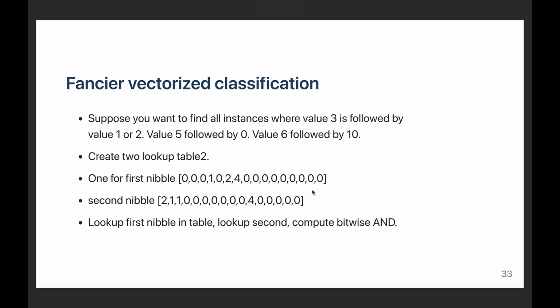Then I repeat again. I do the lookups and bitwise AND, so the logical AND operation. From this result, I can distinguish the 3 cases. That is, if the result is 1, then the first case is a match. If the result is 2, then the second case is a match. If the result is 4, then the third case is a match. It's not needed that the 3 cases be mutually exclusive.